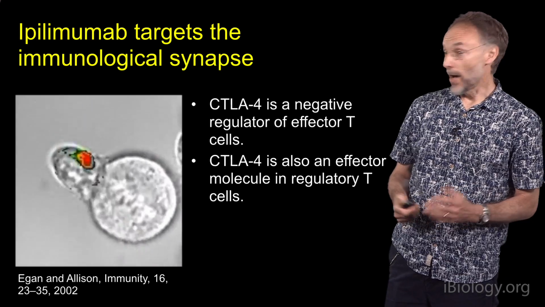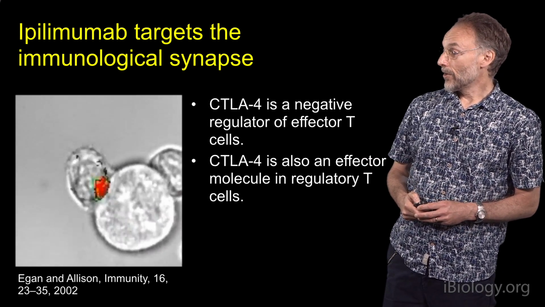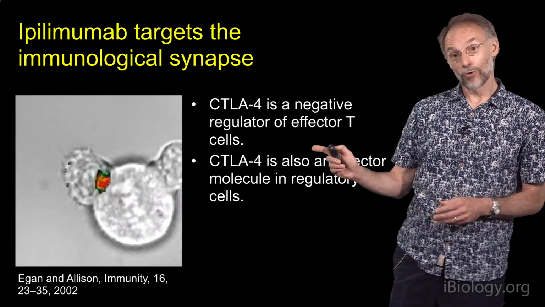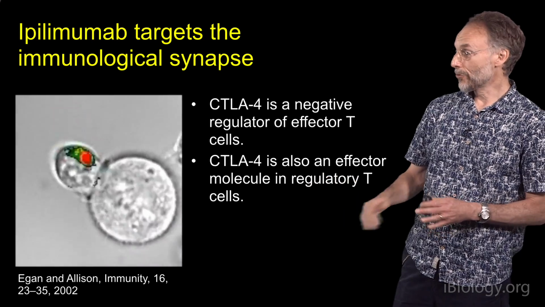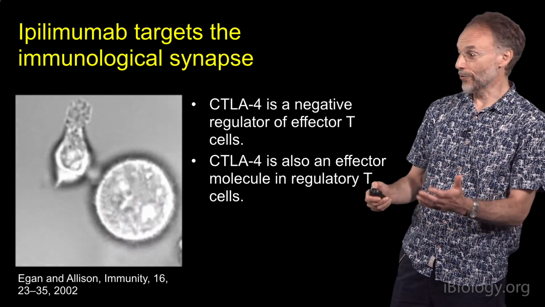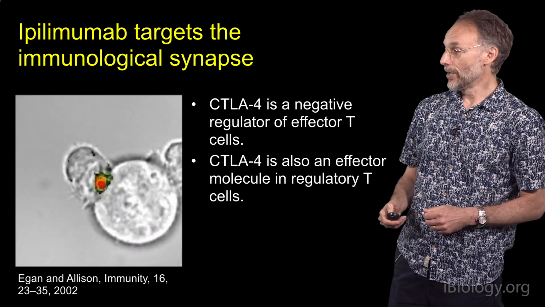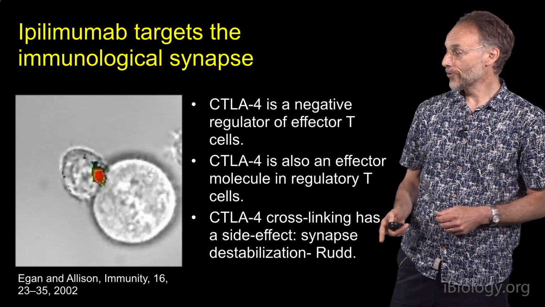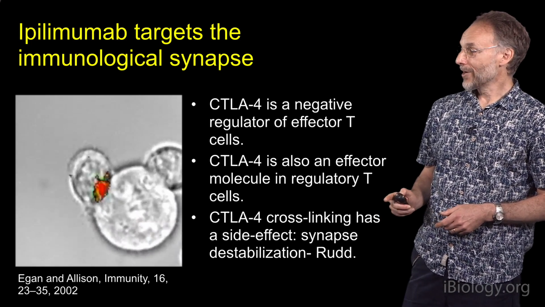When it's blocked by antibodies, it then increases activation. It also is used by the regulatory T cells I mentioned in part one, which buffer responses, and because CTLA4 is an effector molecule of the regulators, inhibiting it neutralizes some of the function of the regulatory cells too. And finally, CTLA4 cross-linking has a kind of side effect.